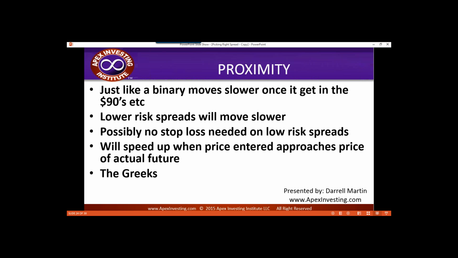Spreads can be the same way. They can start slowing down the closer to the floor or ceiling they get. That's what we call the Greeks, with your gamma and delta and theta, but we don't need to get into all that. You just have to know that spreads move the quickest in the middle.